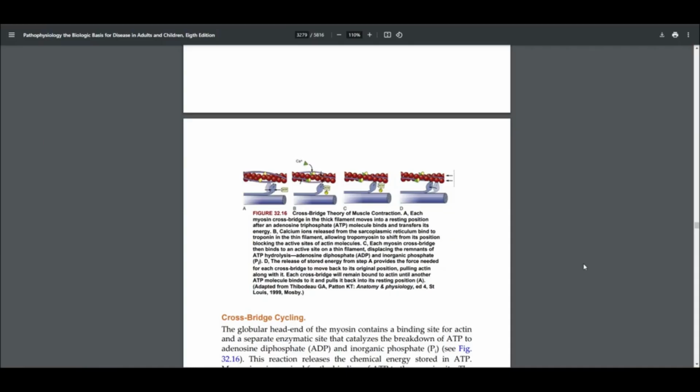So here we are looking at the cross-bridge theory of muscle contraction, where each myosin cross-bridge in the thick filament moves into the resting position after an adenosine triphosphate molecule binds and transfers its energy. So we're looking at this ATP. Let's take a look at the calcium ion released from the sarcoplasmic reticulum, which binds to the troponin in the thin filament, allowing tropomyosin to shift from its position blocking the active sites of the actin molecule.